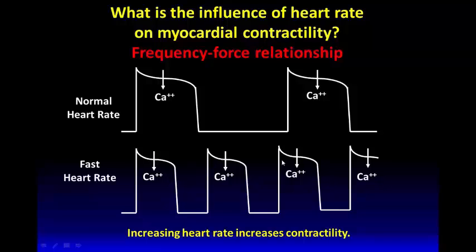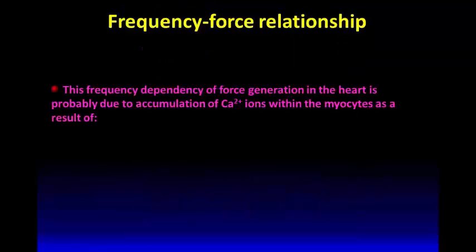And the more plateau phases we have in the contractile myocytes, the more calcium ions get in, and the more calcium ions are released from the sarcoplasmic reticulum, so the stronger is the force of contraction.